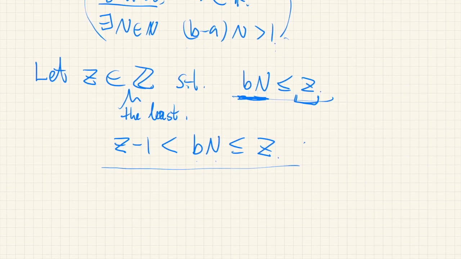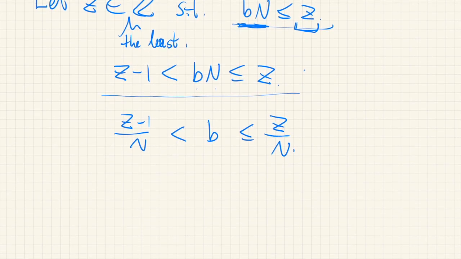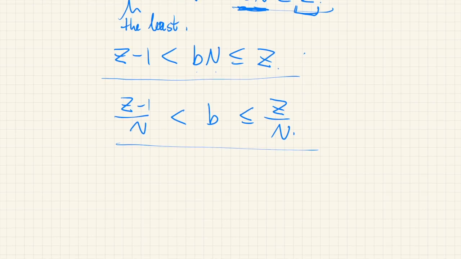So divide everything by n, we have (z minus 1) over n less than b less than or equal to z over n. Okay, now let's use this inequality to prove this. a is first equal to b minus (b minus a). Okay, so we just added b and subtracted b and just reorganized the equation.